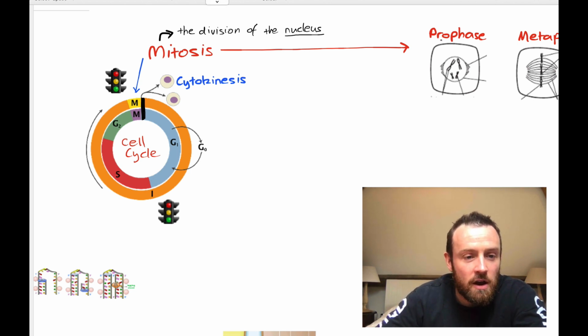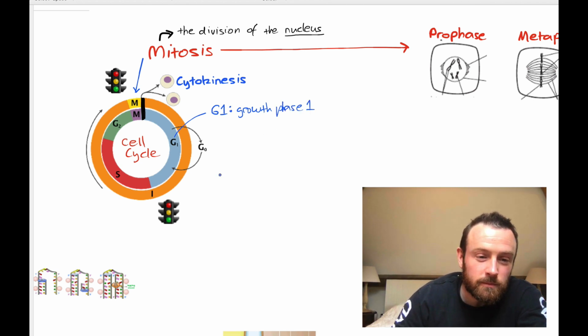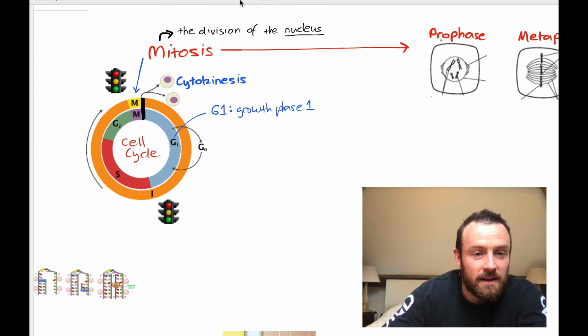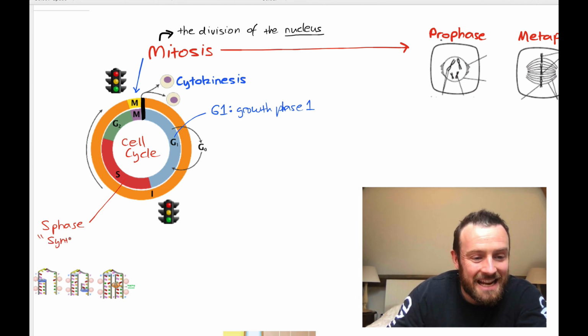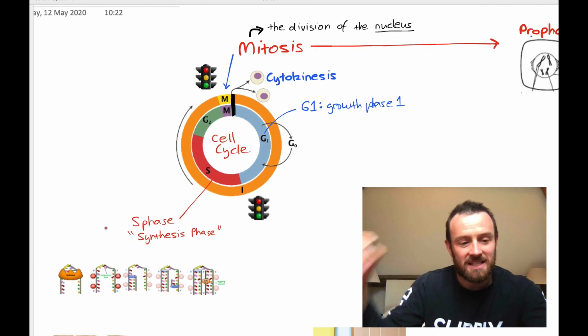So what occurs in those phases? Let's look at them. So G1. Growth phase 1. Then we have S phase down here. I'll change the color to keep with this color scheme here. I like to think of it as synthesis phase because it's DNA synthesis. That's not the name, it's S phase, but I think of S as synthesis.